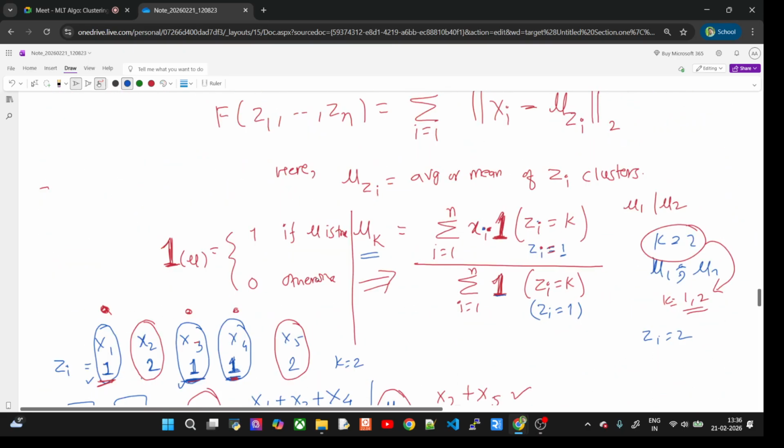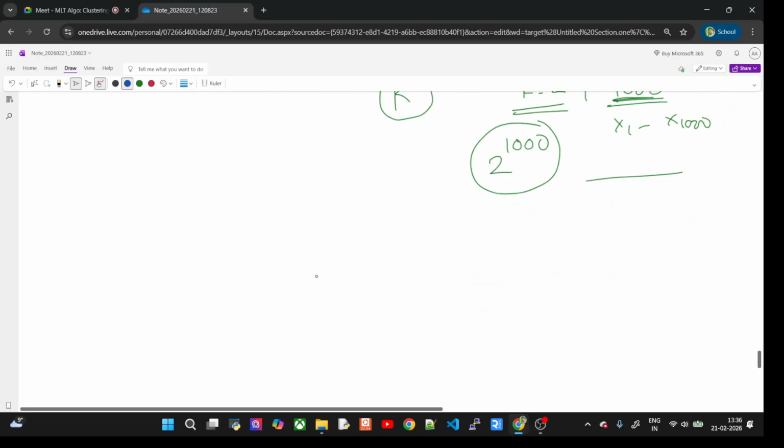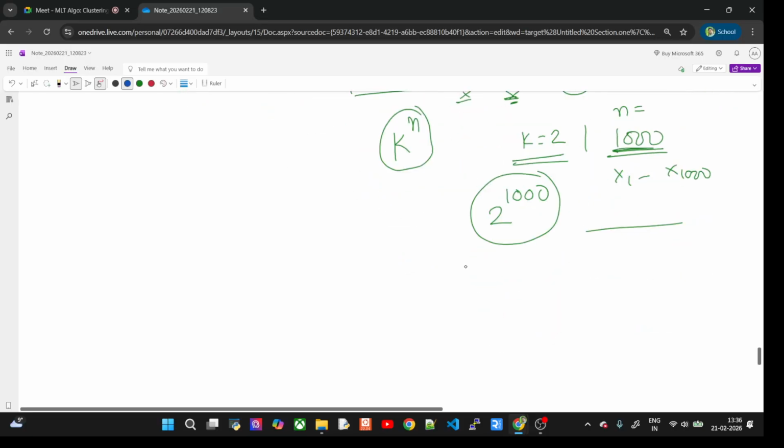So if I have 1000 points, I need to create 2 raised to 1000 combinations, and figure out which combination has the minimum value. That is the combination I need to choose as the cluster. That is the best clustering.